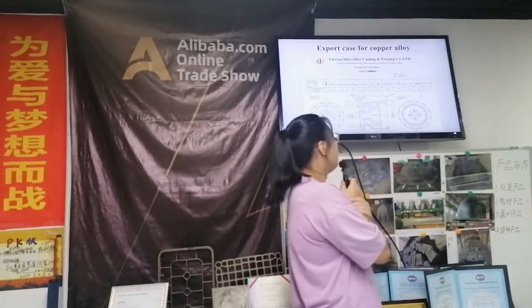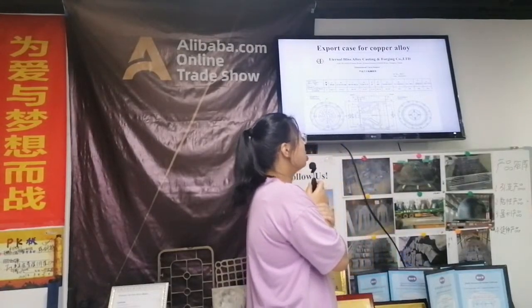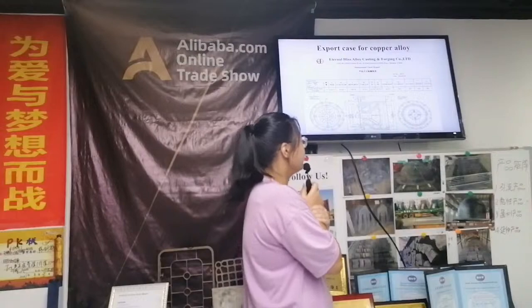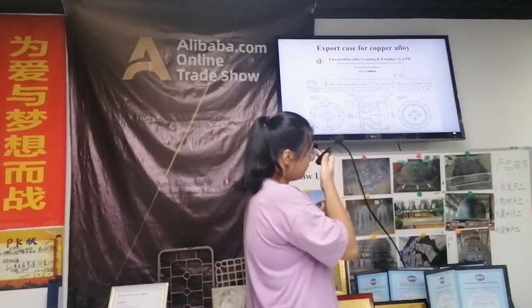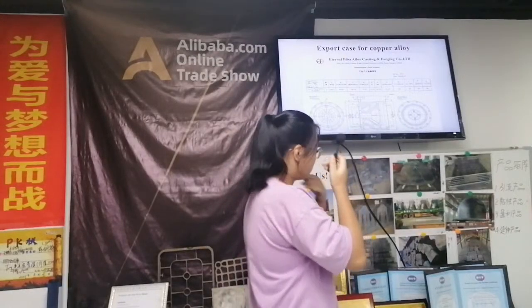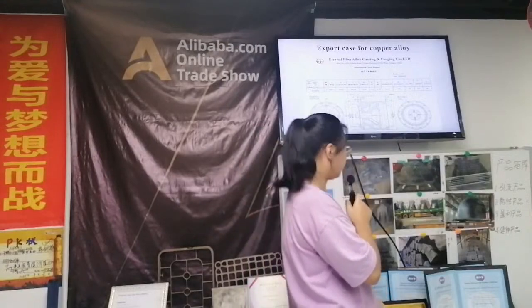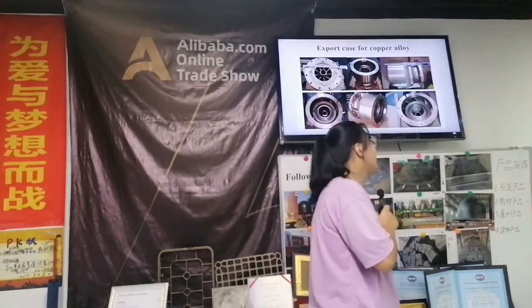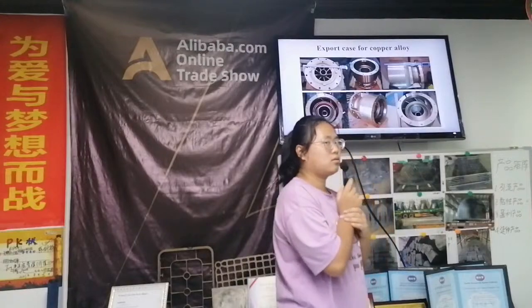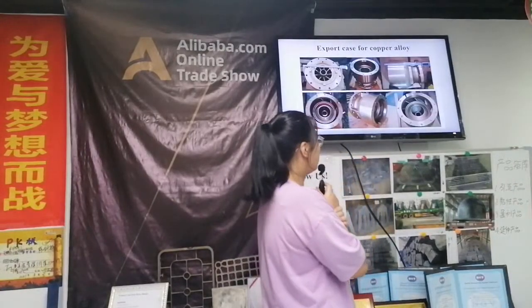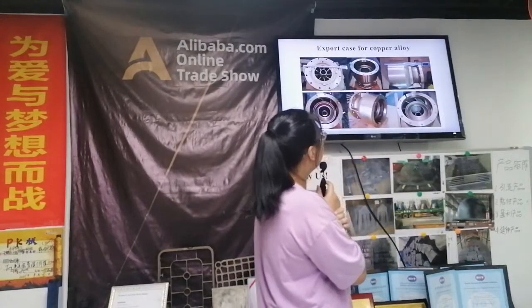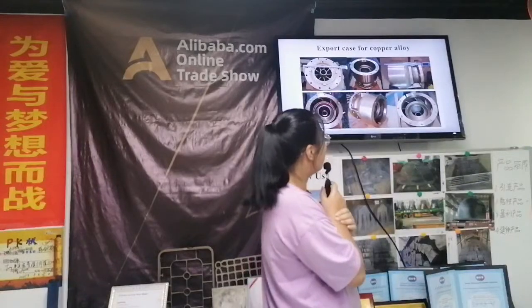Next, dimensional check report for copper alloy. This photo is copper alloy.